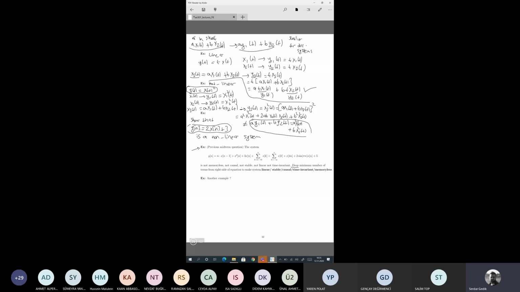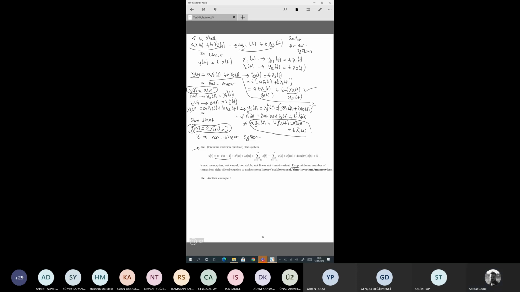Well, by just looking at this, you can say that, well, I will not solve it, but what you can say is this. Actually, this term here, n times x of n minus 1, violates memorylessness, right? This n times x of n minus 1 is having a memory. To find the current value of y of n, I would need a sample from the past.